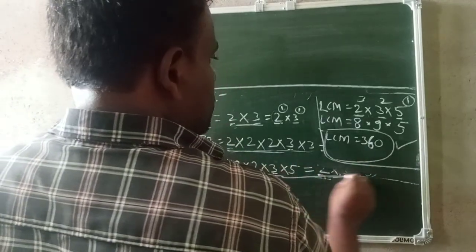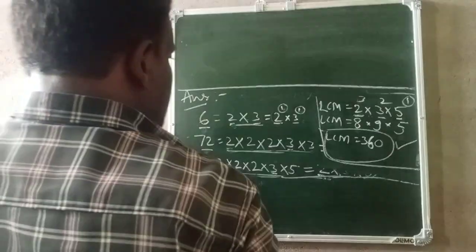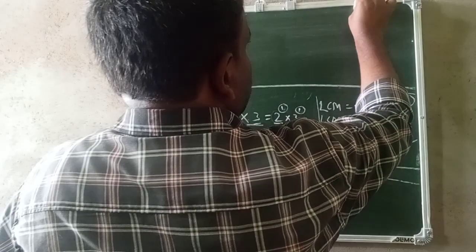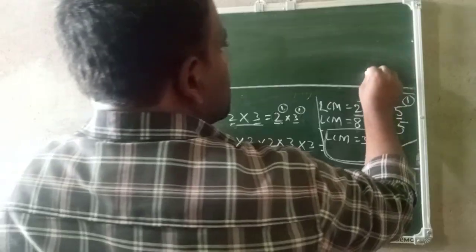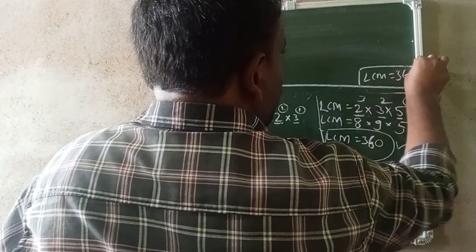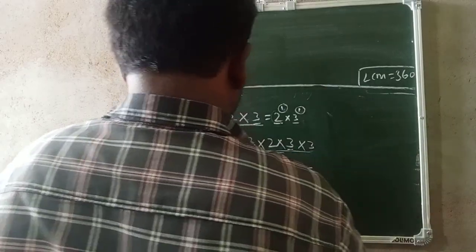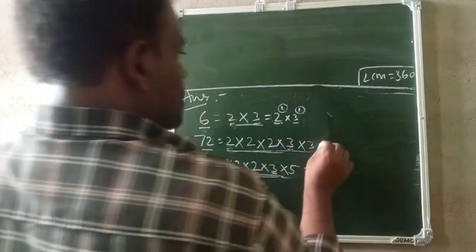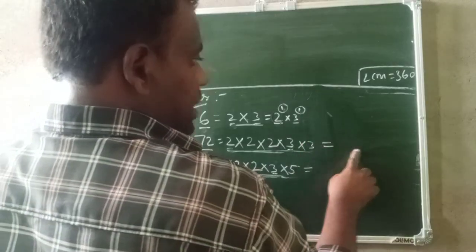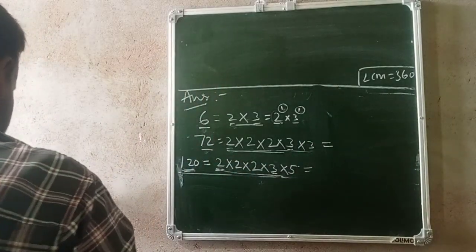We got LCM is equal to 360, right? I will write this answer here somewhere. So LCM is equal to 360 we got. So I will just rub this. Here I erased, I just rubbed something. I will rewrite. I will write it again.